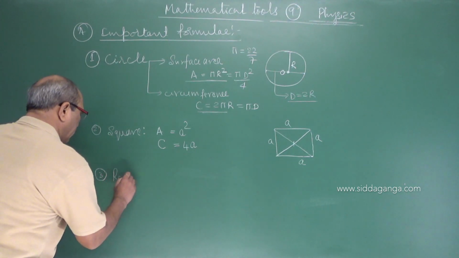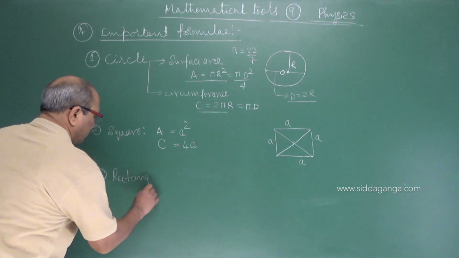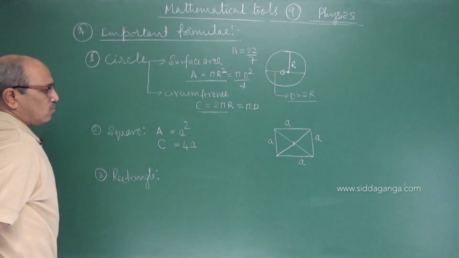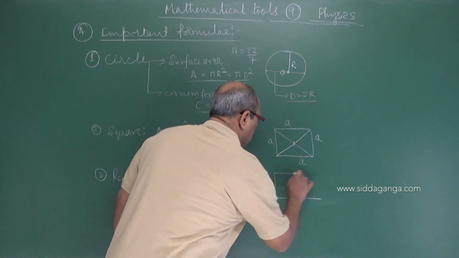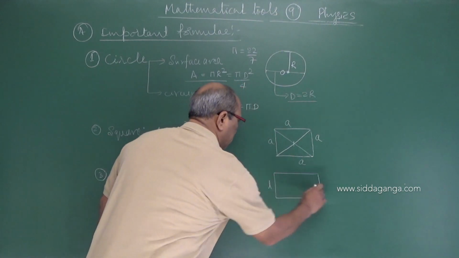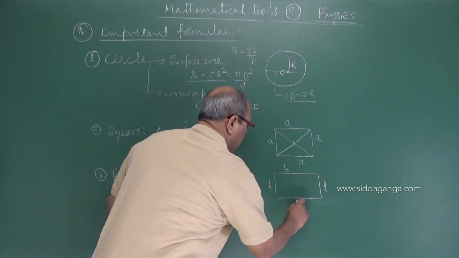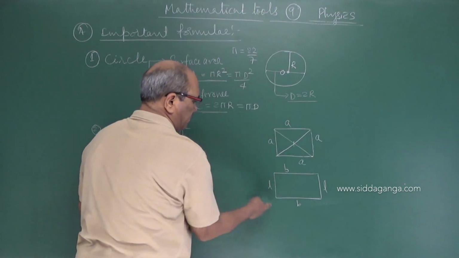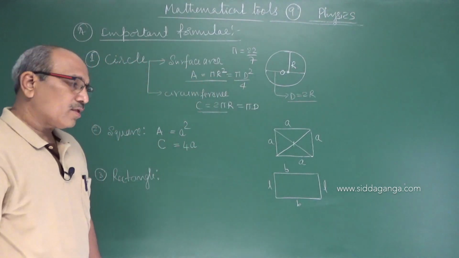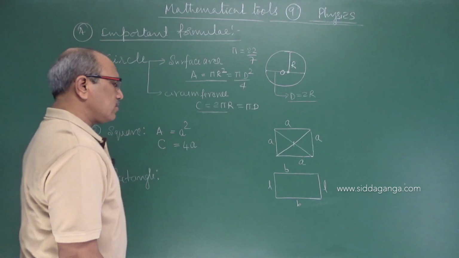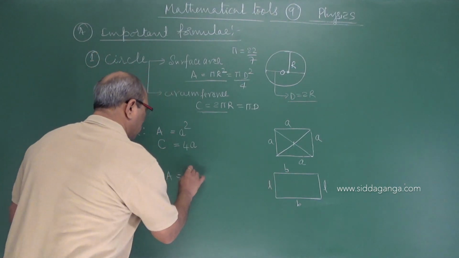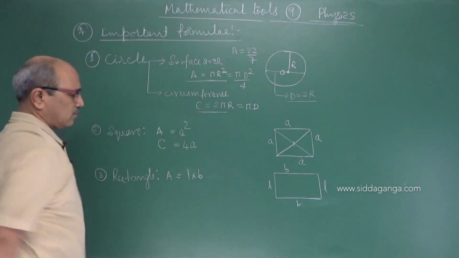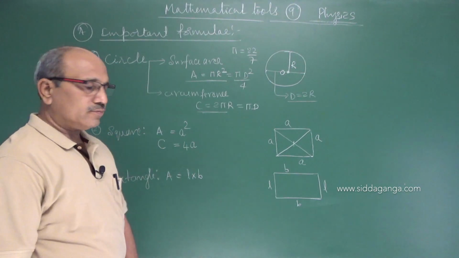Even take the rectangle. Once you are thinking about a rectangular shape, two opposite sides are equal in length. One we call the length and the other the breadth. In that case, length into breadth gives you the area of the rectangle.